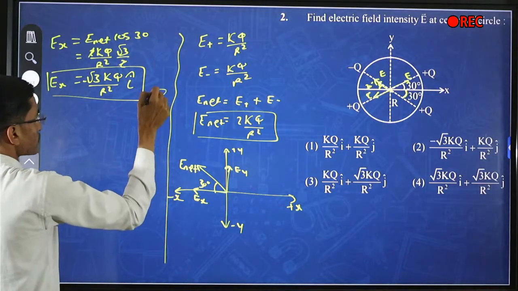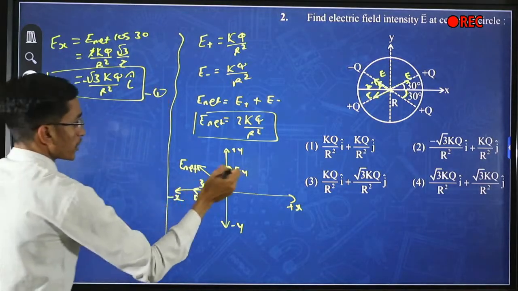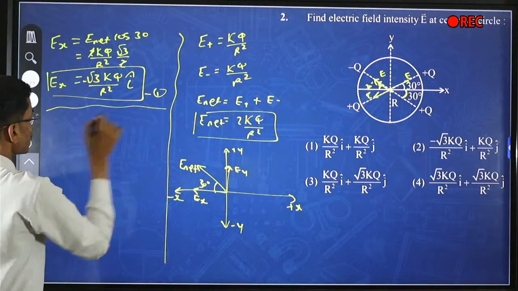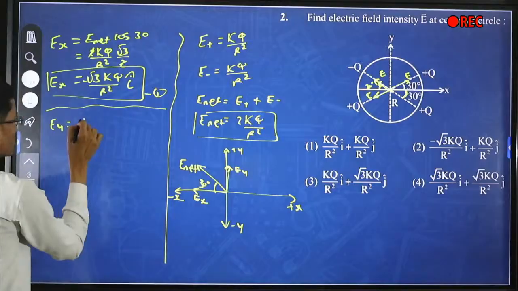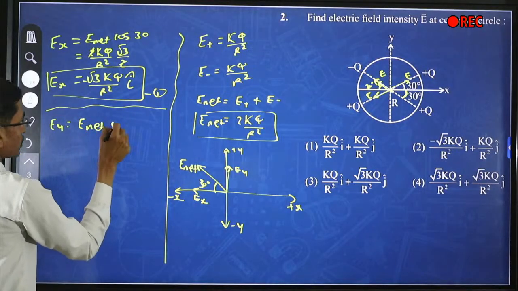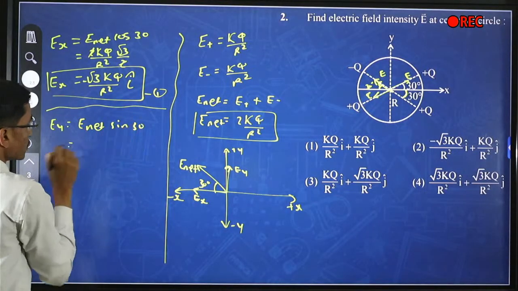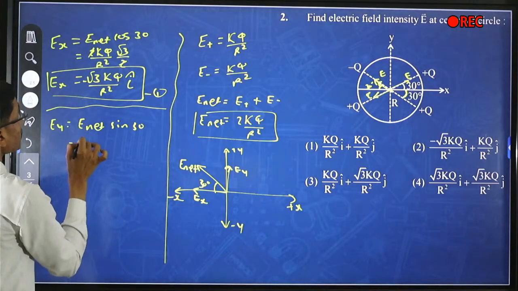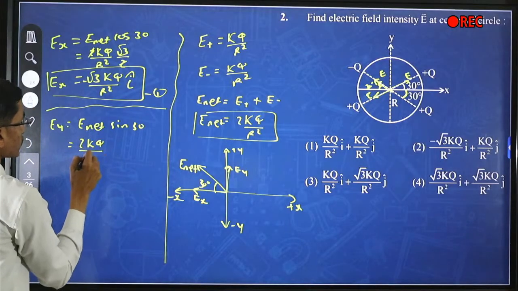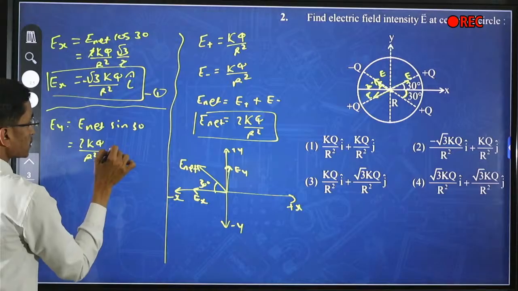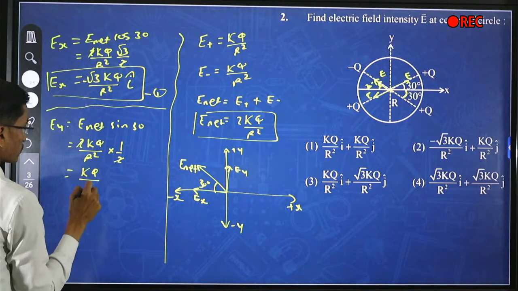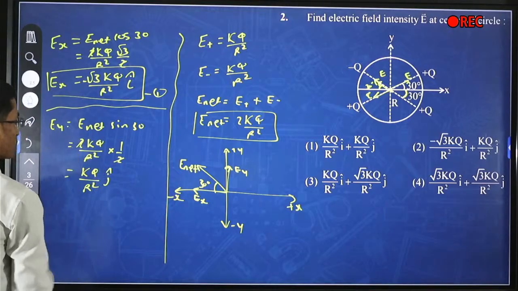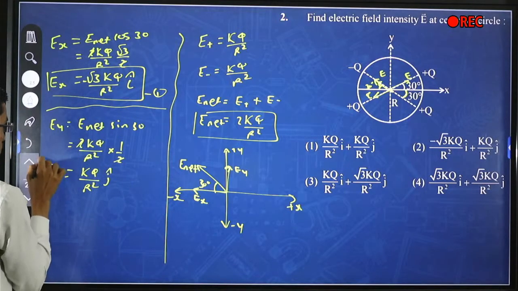Same way for the electric field in the y direction, Ey is equal to E net sin 30. So 2kq upon r square into sin 30, which is 1 by 2, gives kq by r square in j cap. Okay, so this is Ey.